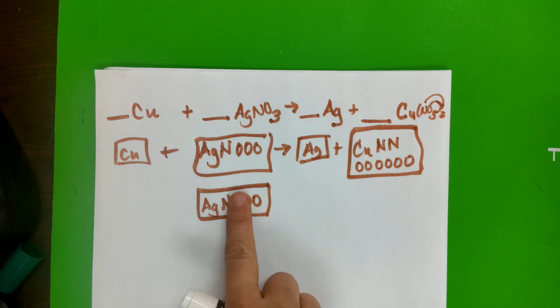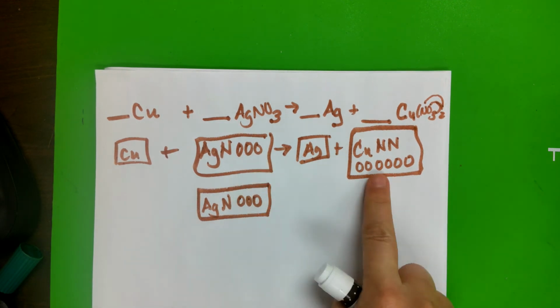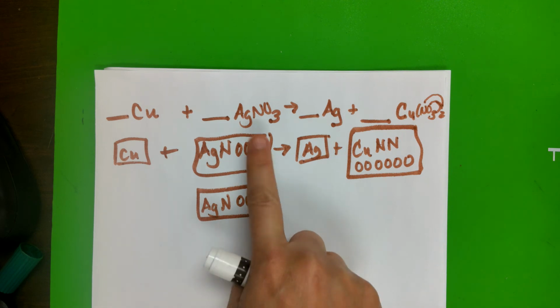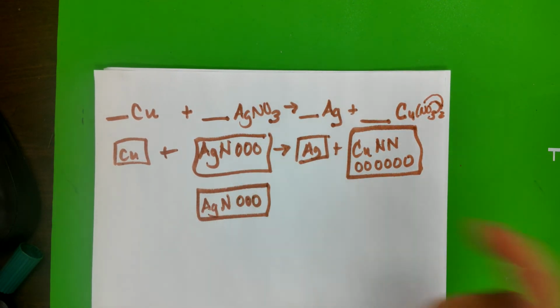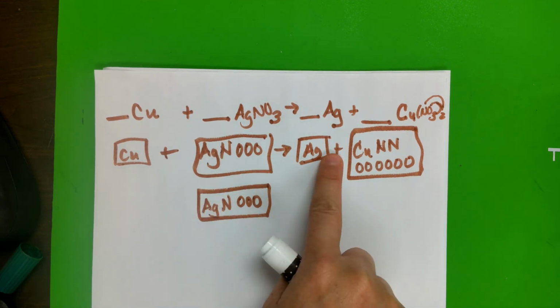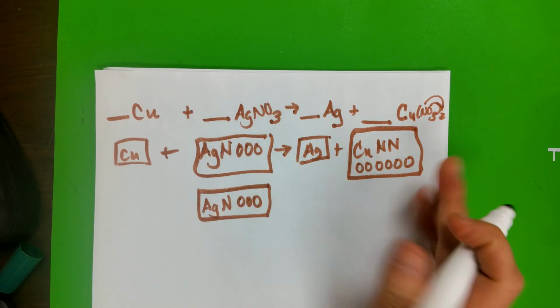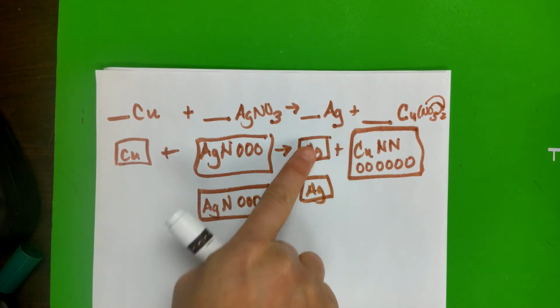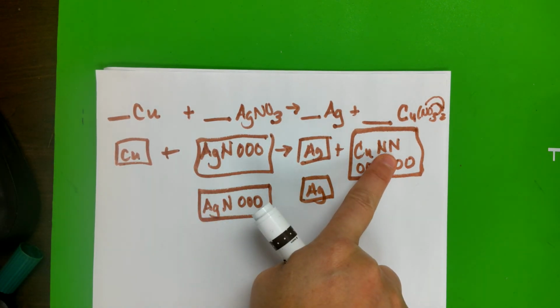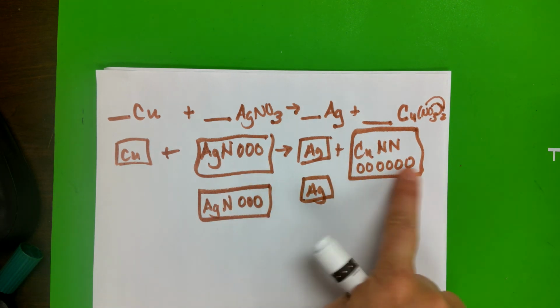Oxygen is quite simple because 6 is 6 and this is 6. So this is perfect actually. Nitrogen is now balanced, but now silver is the one we need to change. The good thing is it's 1, so it's just 1 more. That will make it 2 silvers, 2 silvers, 2 nitrogens, 2 nitrogens, 6 oxygens, 6 oxygens.